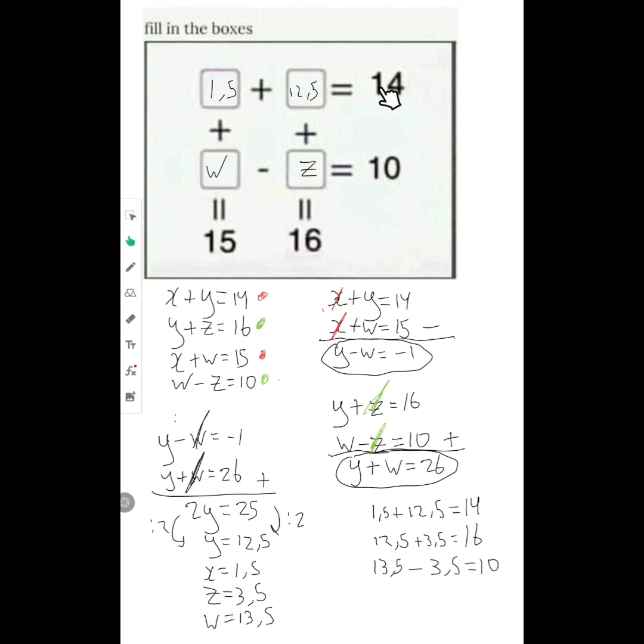You can see they add up, and y plus something is 16, so the z is 3.5. So this must make sense as well. And the w is 13.5. And everything must add to each other. And that's your answer, actually. Right? Boom.